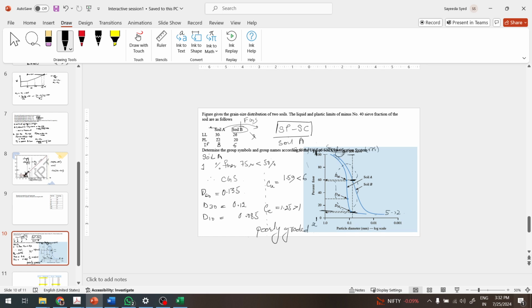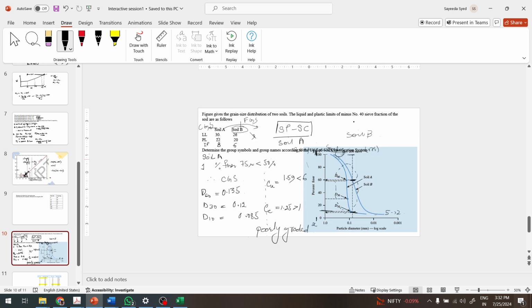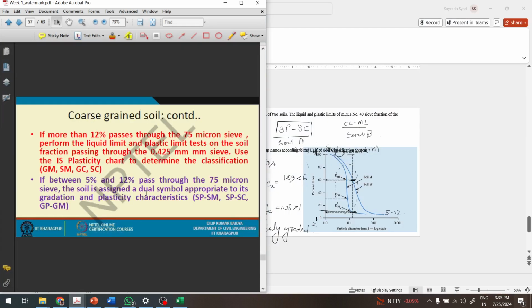This is coarse grained soil. And for soil B, we calculated CL-ML. But let's check.